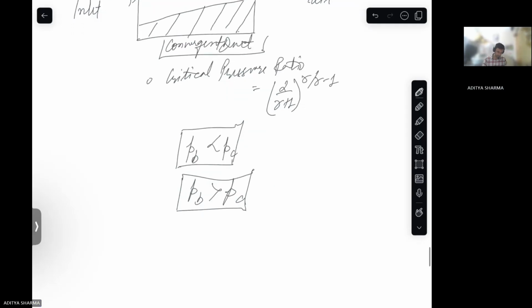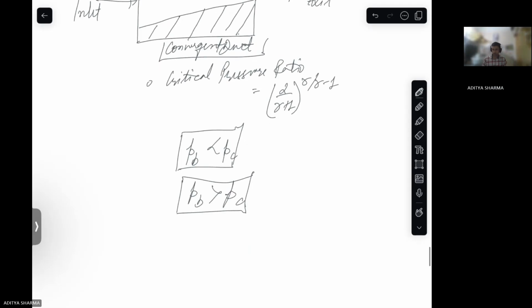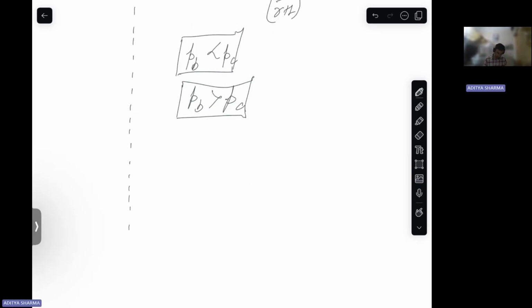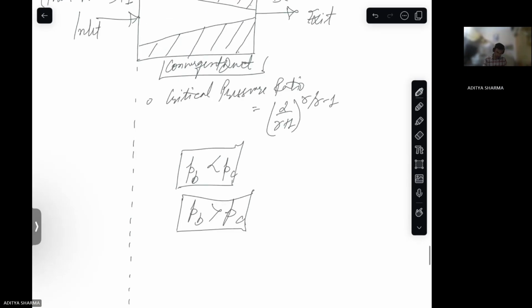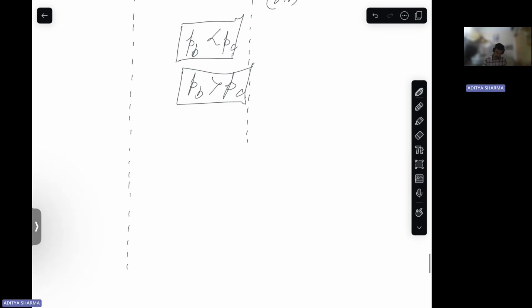In terms of the diagram, I'll take a reference of the above drawn convergent nozzle or convergent duct to discuss the pressures related to it.